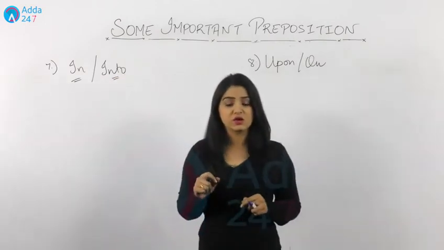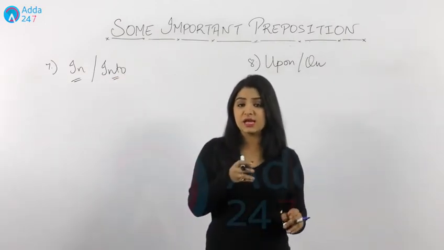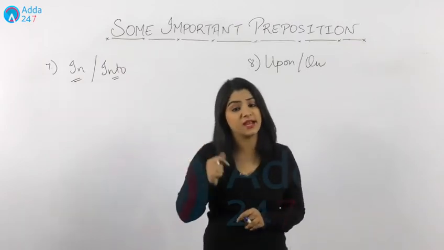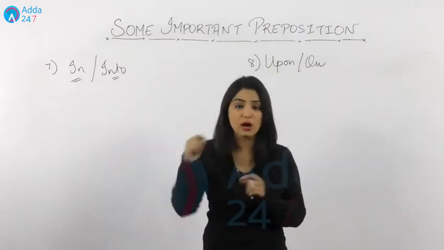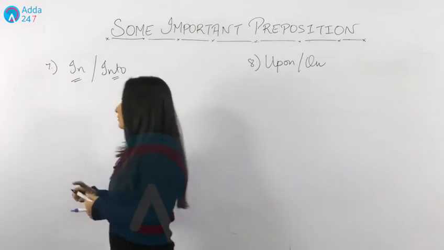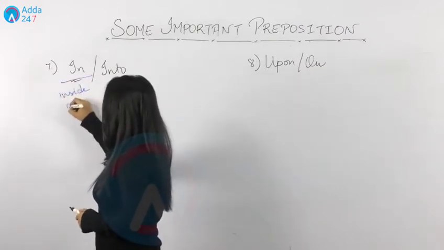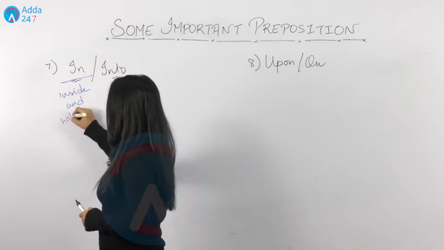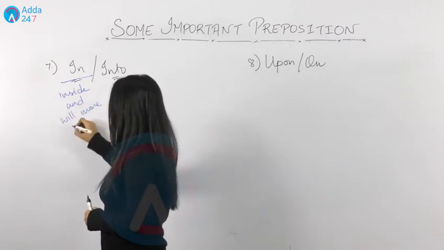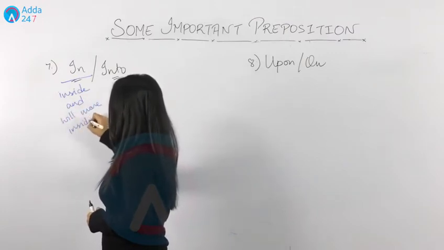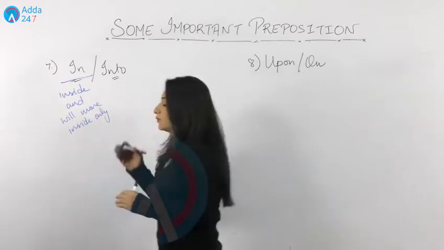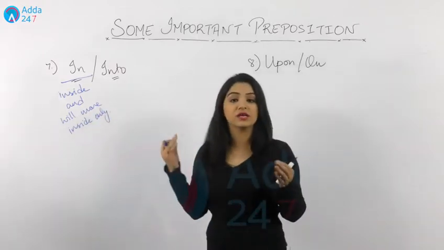What is the difference? See, when something is inside and it will move inside only, it cannot go out, then you use in. Inside and will move inside only. That means it will not move out, it will move inside only.